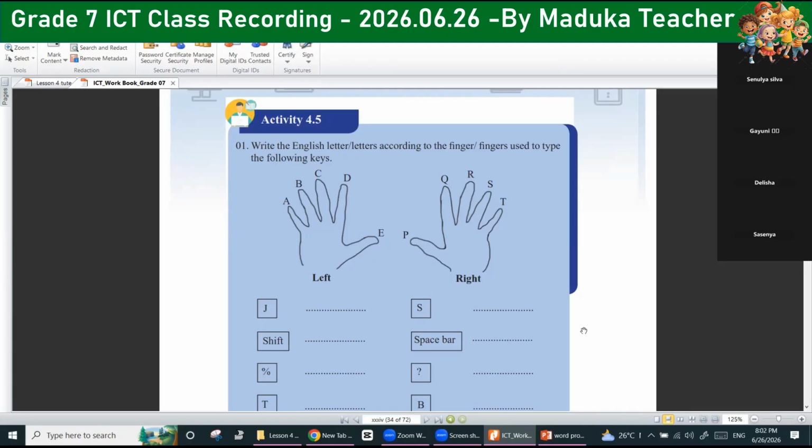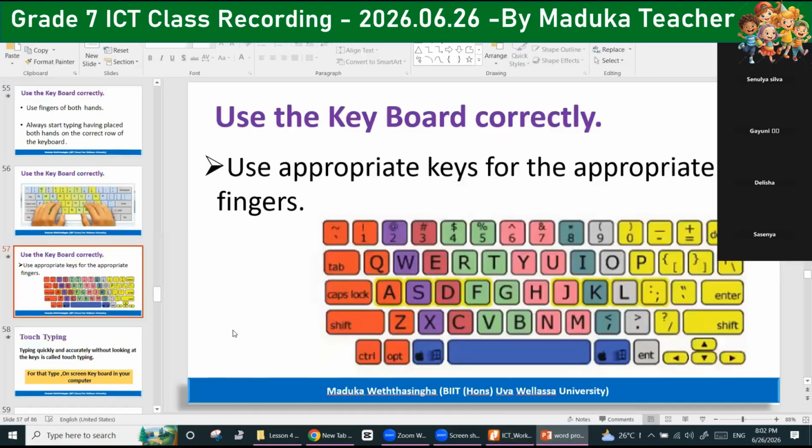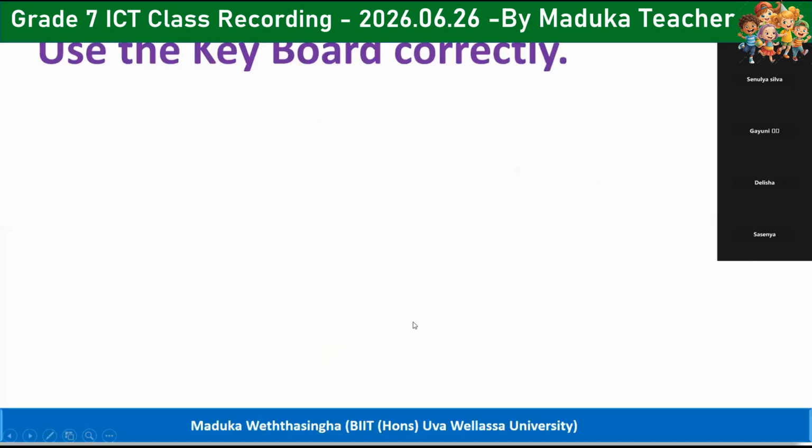Now we know about the keyboard and how to use it correctly and what is the standard method to keep our fingers on the keyboard. Right? Next, we have to move to another new subtopic of this lesson.